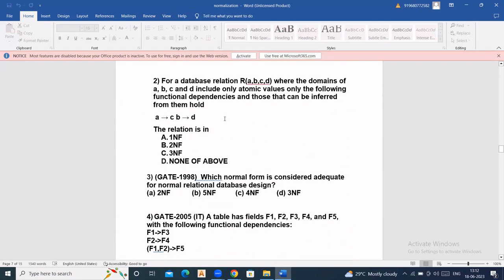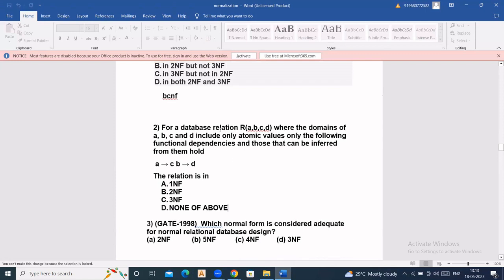Now first of all, answer this question number 2. Functional dependency is only A, B, C, and B. Read the question, what they have written.